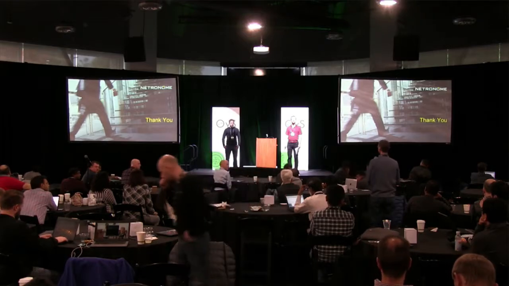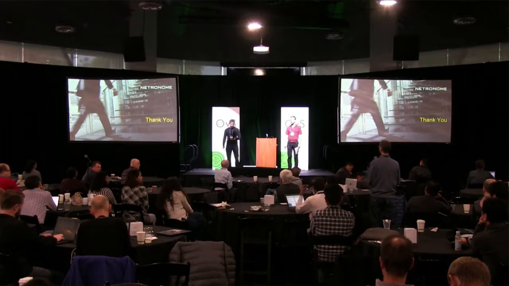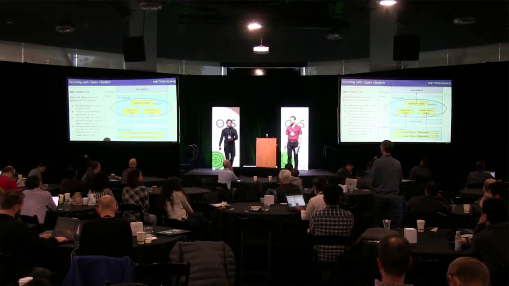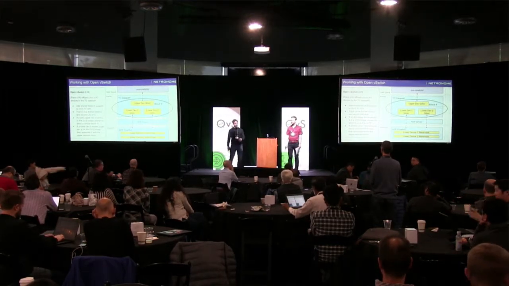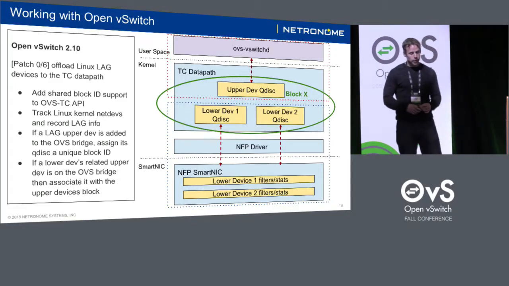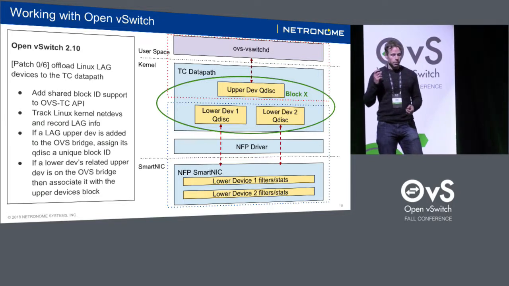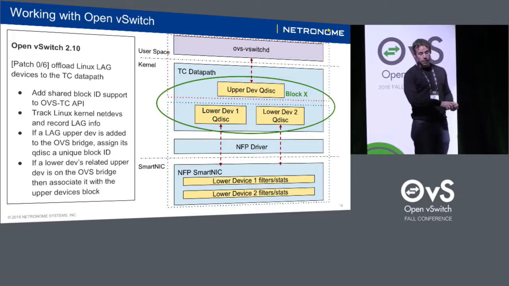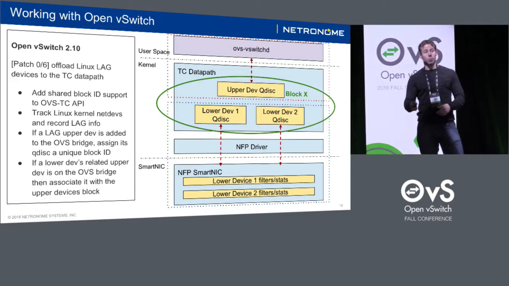Hi. On your previous slide, could you describe what combines the stats together from the two bottom devices? Because if TC is only seeing the TC block, how can each lower device contribute its stats? This is handled within the TC shared block code. For example, if a packet comes in and matches on the SmartNIC where I have lower device 1, the SmartNIC will only update the stats for that particular rule.